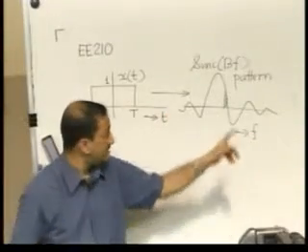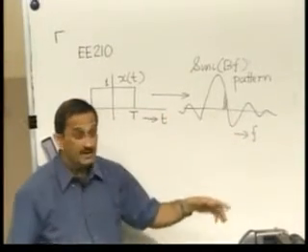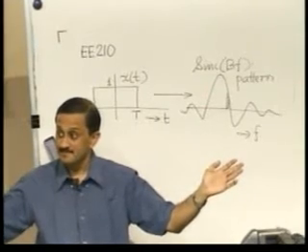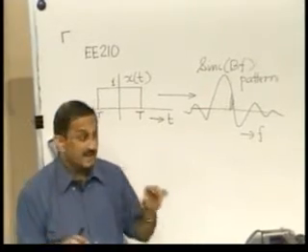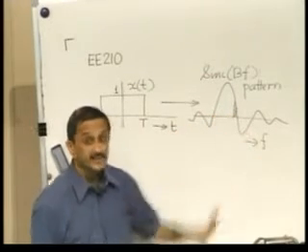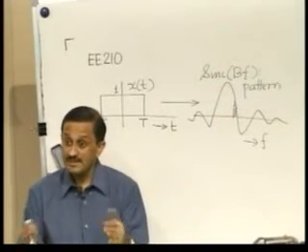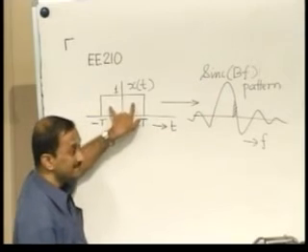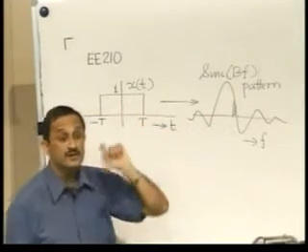E raised to the power j2 pi ft for this region of f, each of them is present for all time. But the interesting thing is that because of this clever combination of amplitudes and phases, it so happens that all of them add constructively in this region of time and destructively in all the remaining region of time.